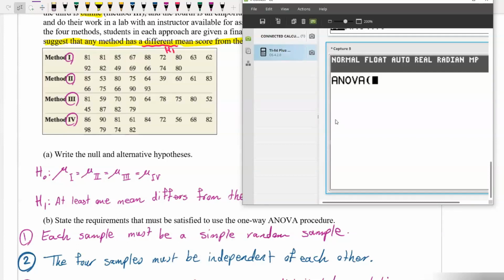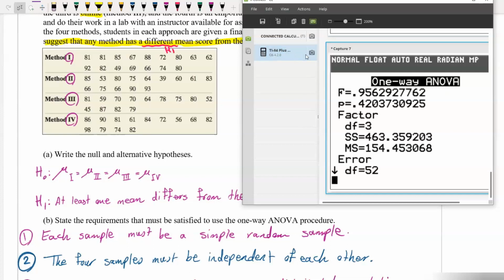Second 1, comma, second 2, comma, second 3, comma, second 4, and close parentheses. Now enter, enter. Here's the answer for F, rounding to 2, we have 0.96.